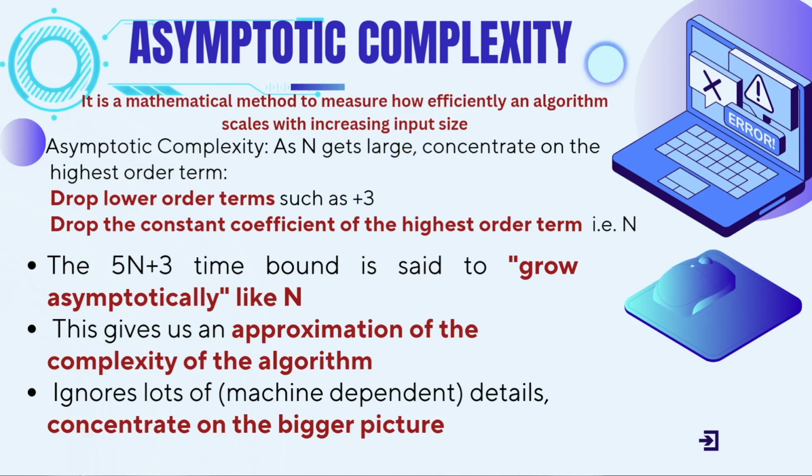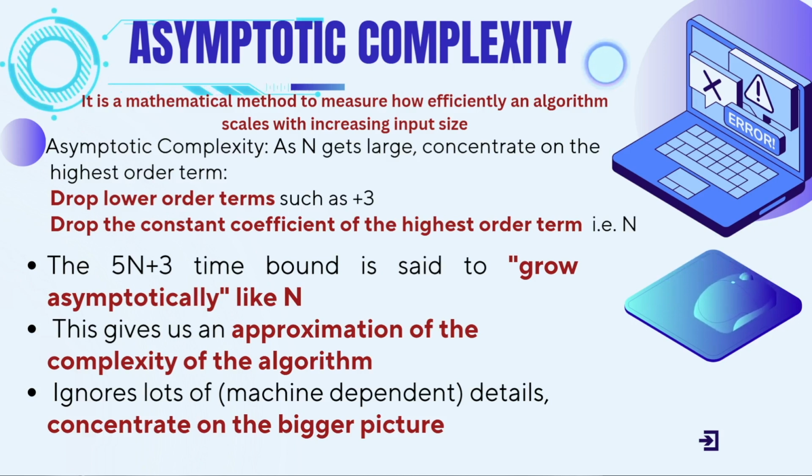Now, I introduce before you what asymptotic complexity is. Asymptotic complexity is a mathematical method to measure how efficiently an algorithm scales with increasing input size. In maths we have several complexity classes, and we are going to make use of those classes in order to express the efficiency of an algorithm.